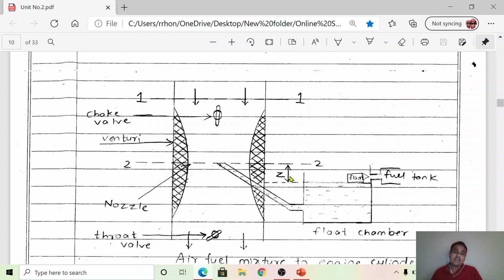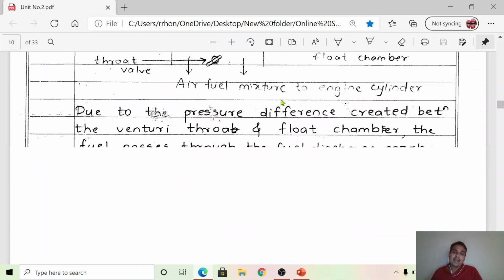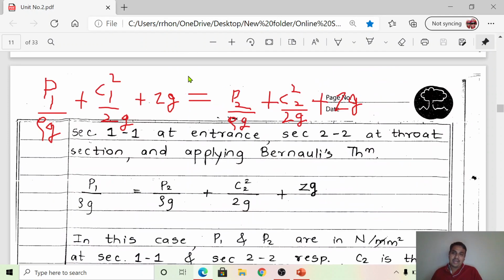So there is no need to write the Z in the equation, that's why these two terms we are neglecting, because there is no need to consider Z for section 1.